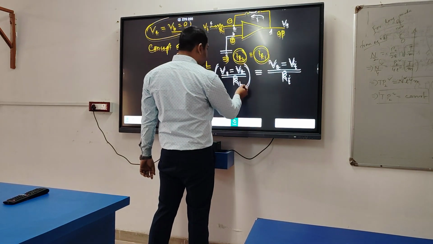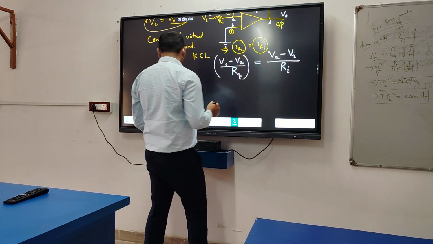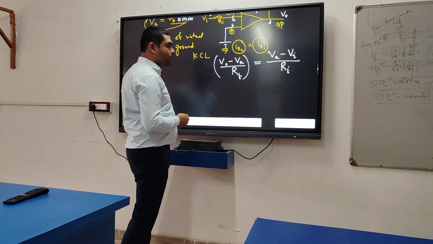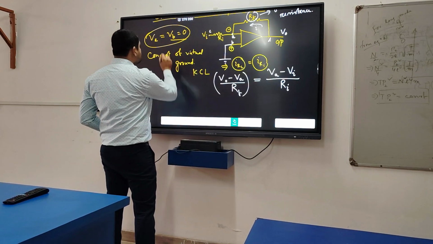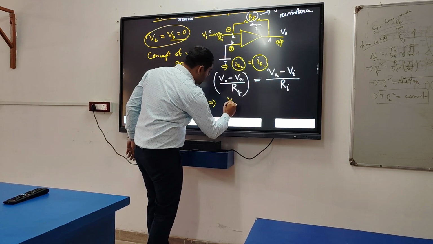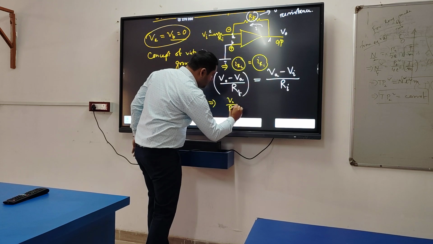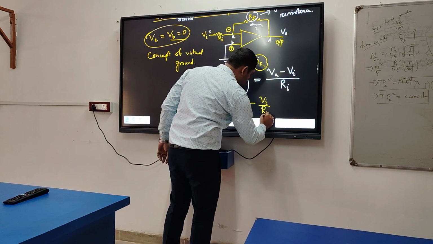As we know, VA equal to VB, which is equal to 0. This is the concept of virtual ground. Applying this concept, we can write this equation as V out by RF is equal to minus VI divided by RI.